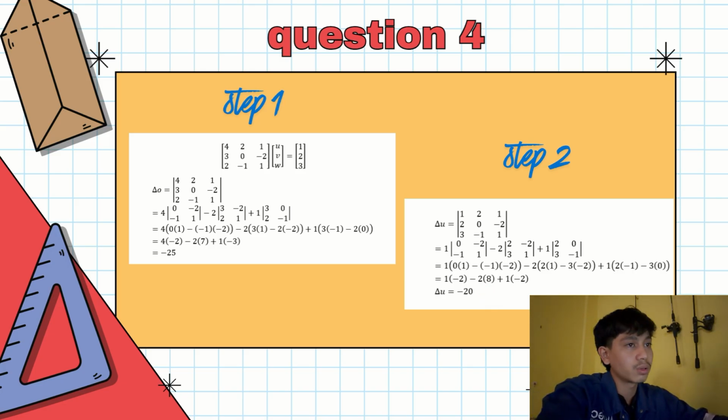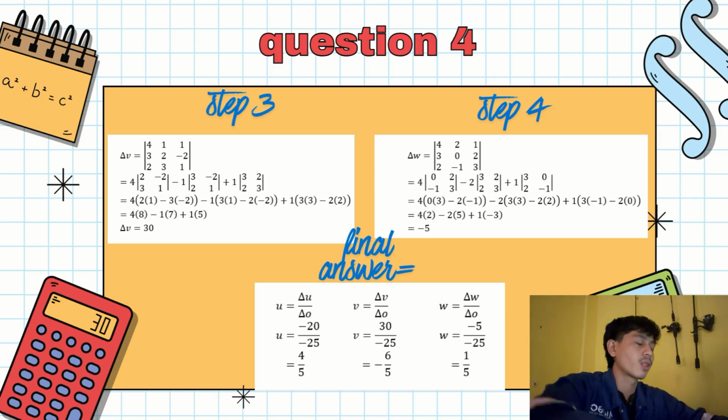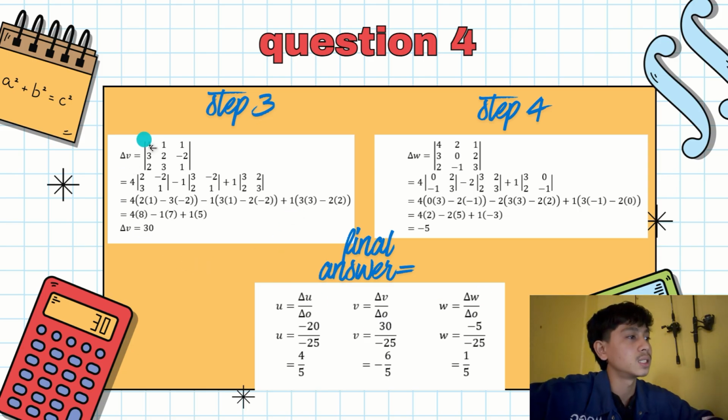Okay, we move on to step 3. Going to find delta v. We find delta v by replacing the v column of the coefficient matrix with the constant terms of 1, 2, and 3.